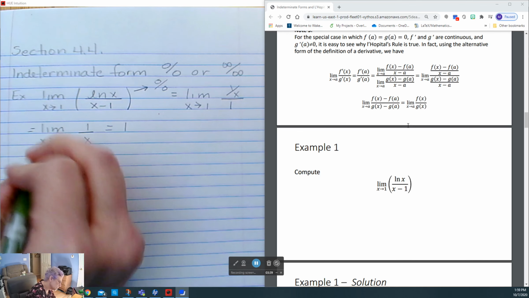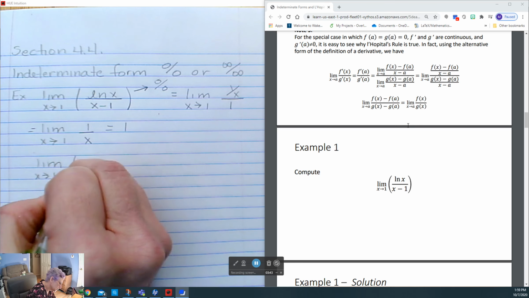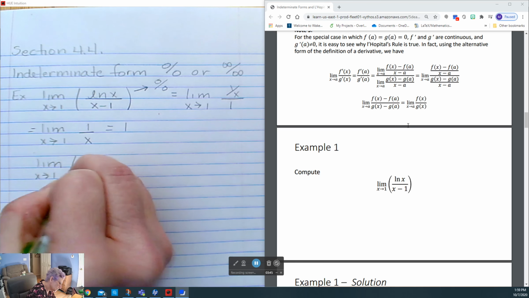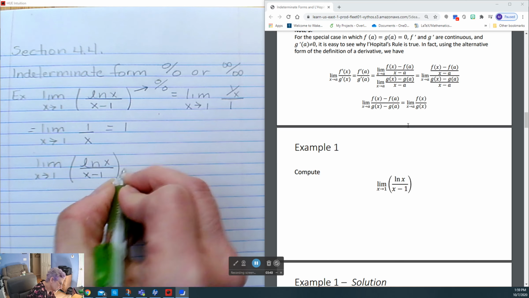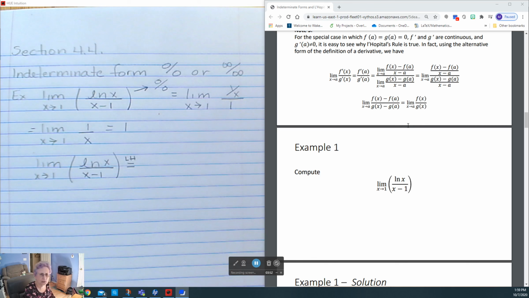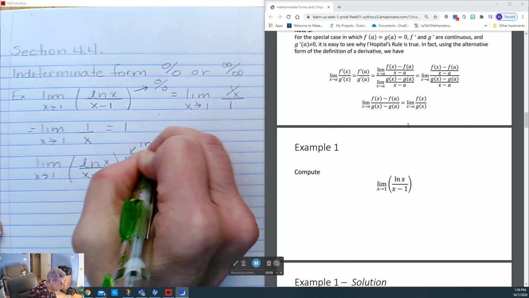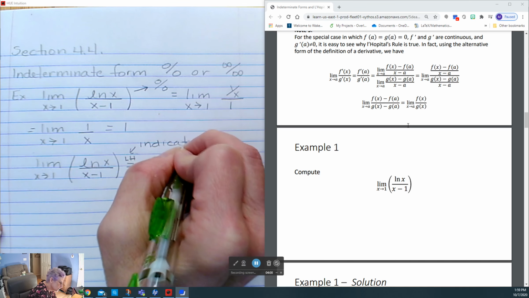Often in books you'll see limit as x approaches 1, natural log of x over x minus 1 equals with like a LH for L'Hopital's rule, or just an L, something to indicate that you're using L'Hopital's rule.